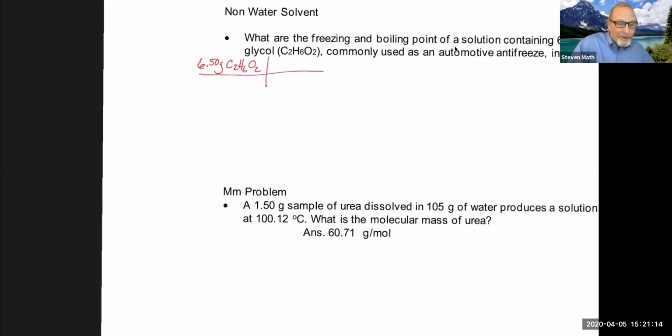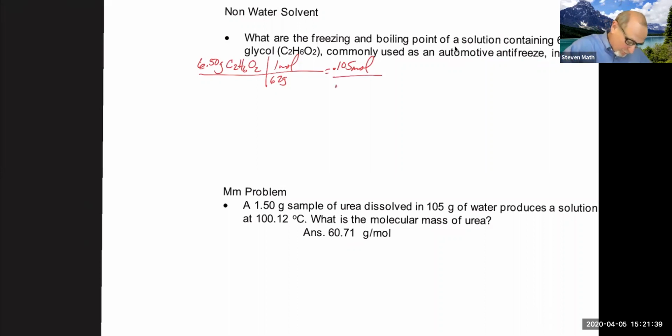When I don't know what to do with the problem, I'm kind of lost, always turn it into moles. 62 grams per mole. This is going to be 0.105 moles. Now those moles are actually in 200 grams of our CS2 as a solvent.